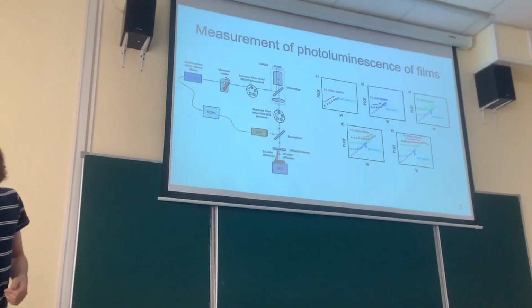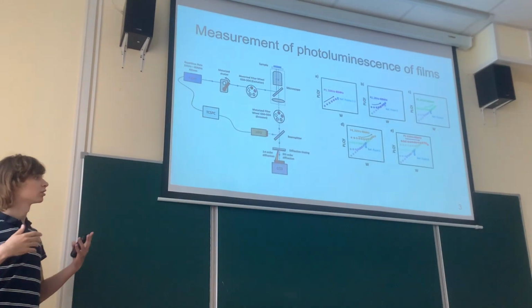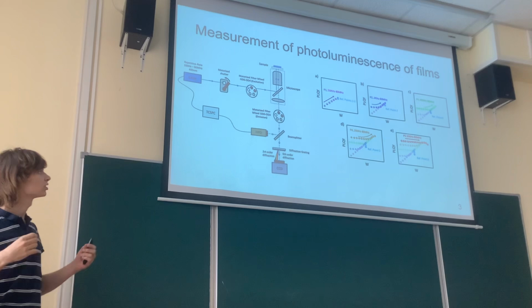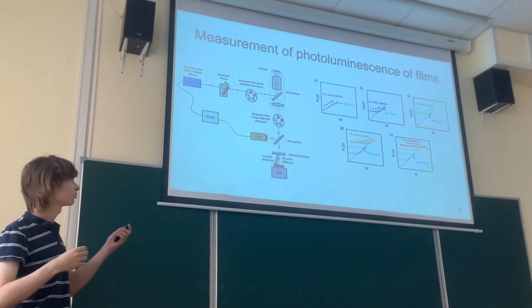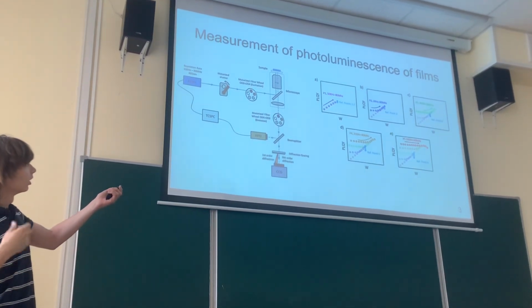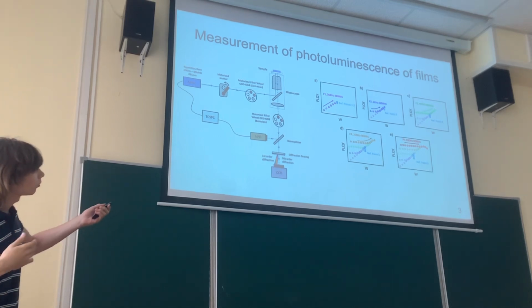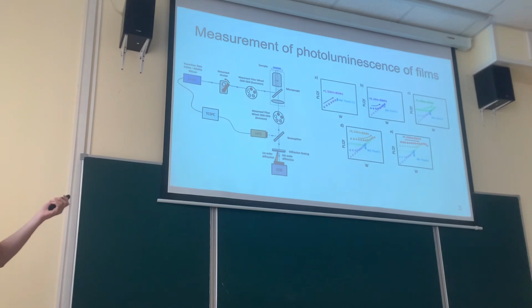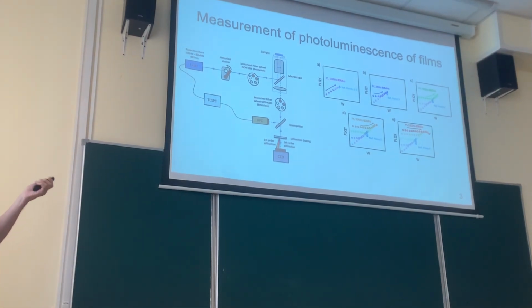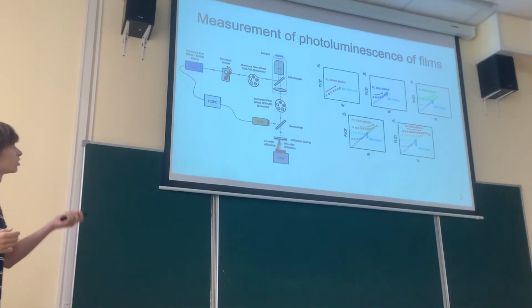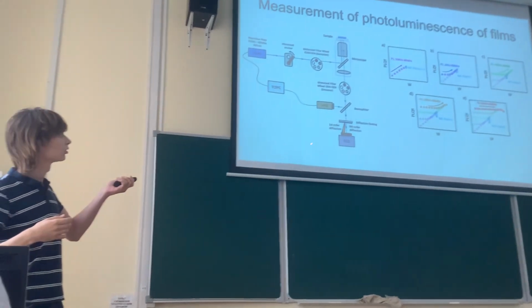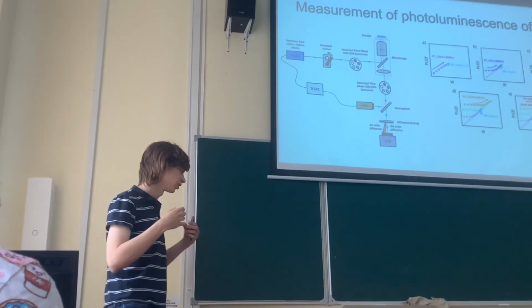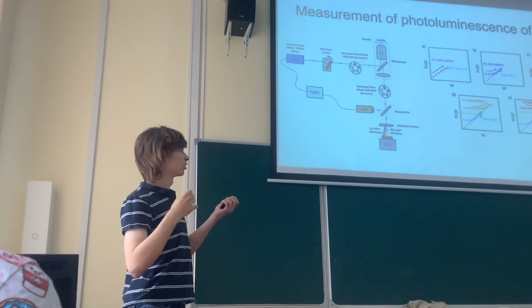To study them, our esteemed colleagues at Lund University in Sweden measured the photoluminescence of previously prepared perovskite films. For this, they used a specially constructed setup, which consisted of a pulse laser and two different types of measuring devices.